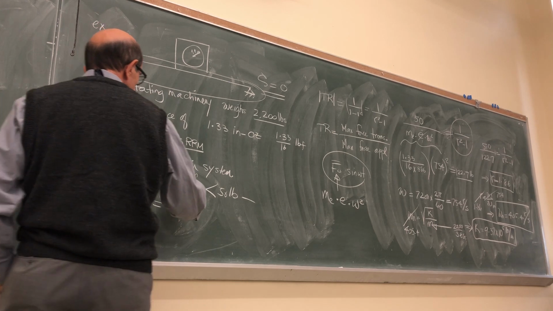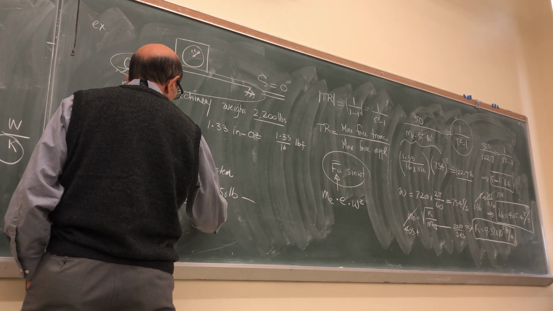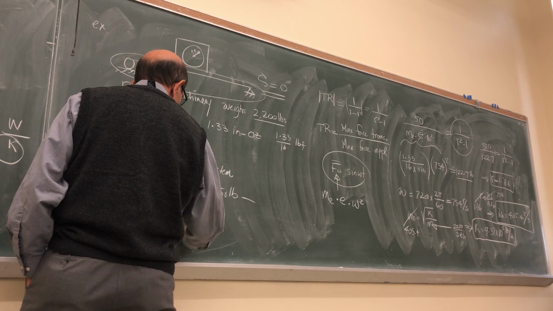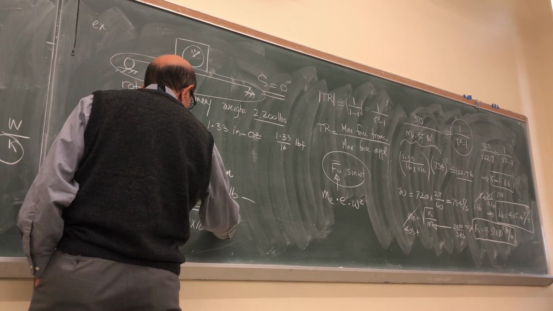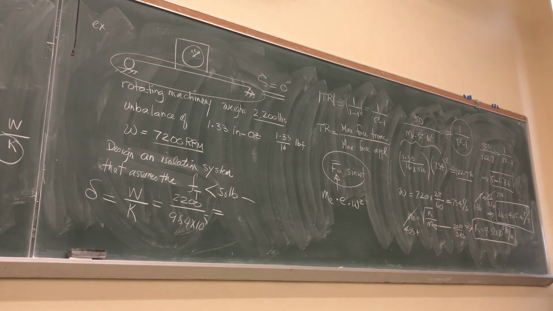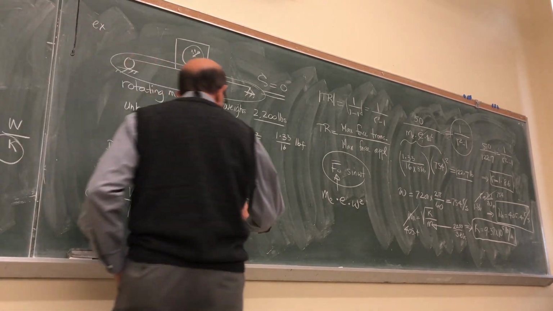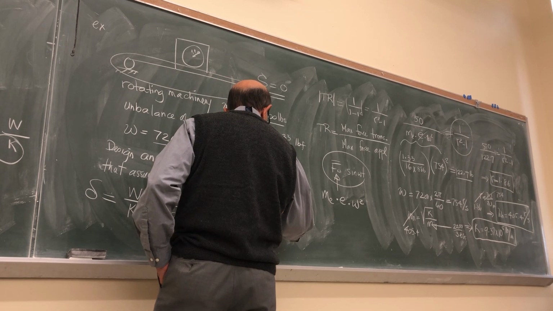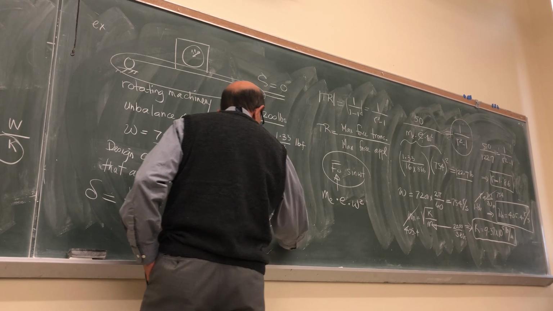Weight is 2,200 pounds divided by that 9.54 times 10 to the 5. That will give you a displacement of 2.3 times 10 to the negative 3 inches.